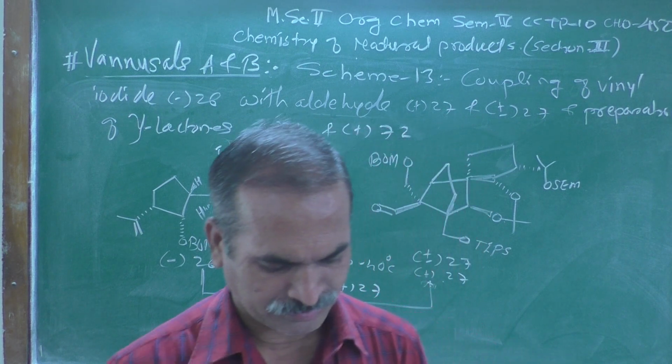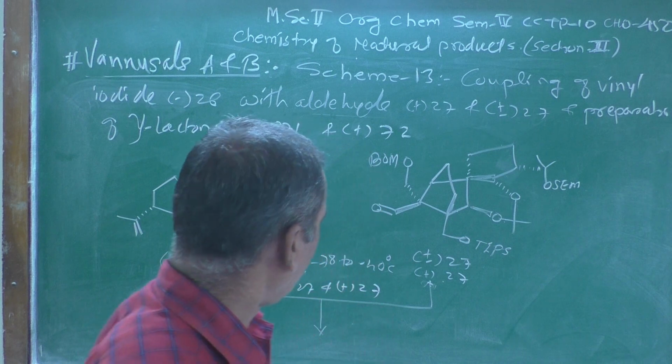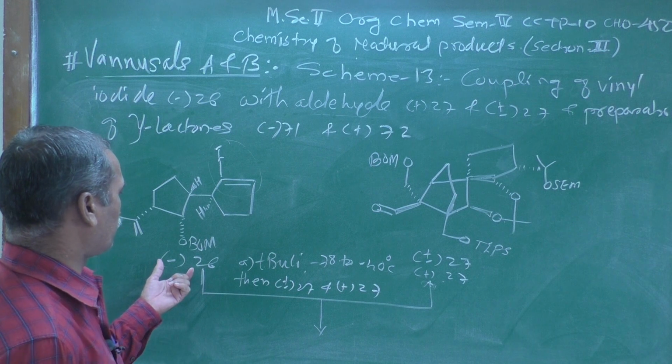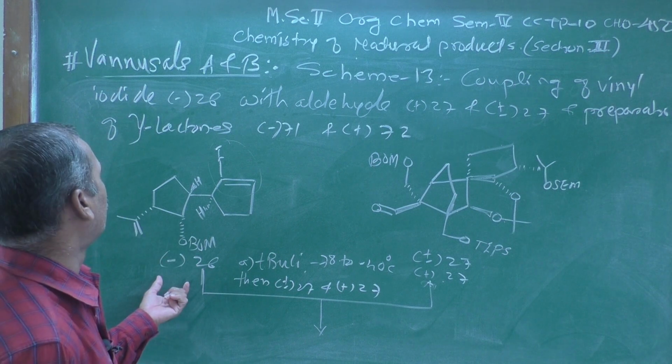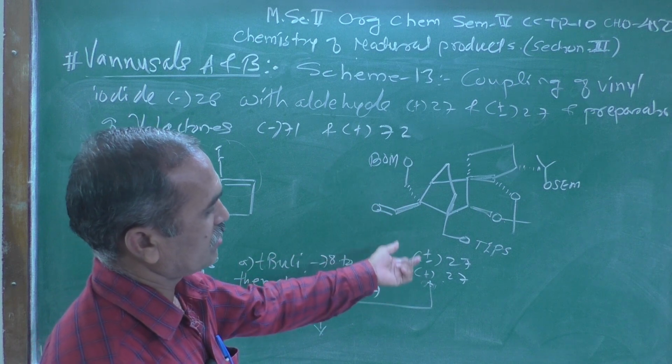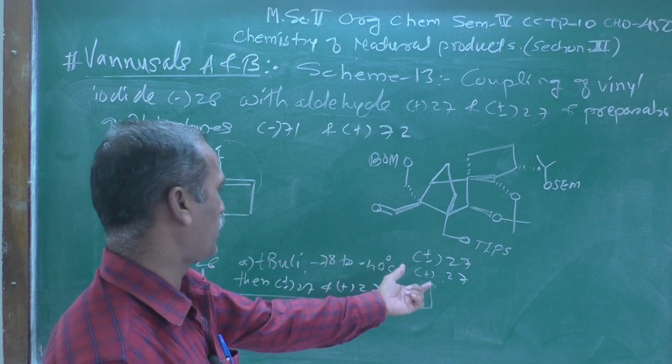And now, see carefully here, this is structure number 26, which is a vinyl iodide. This is structure number plus minus 27 as well as 27 together.